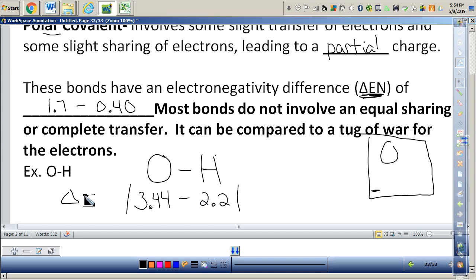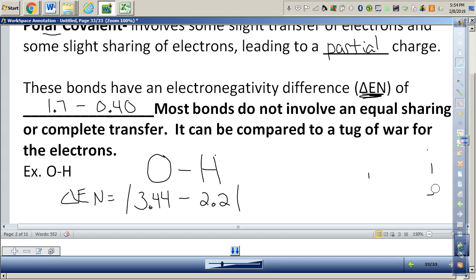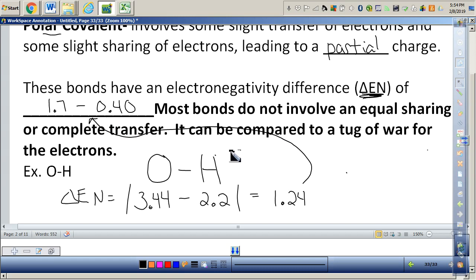So for your delta EN, you take the absolute value and subtract those two numbers. And so this gives me a value of 1.24. 1.24 falls within this range right here. And so that tells me that this is a polar covalent bond, and it's going to create partial charges.